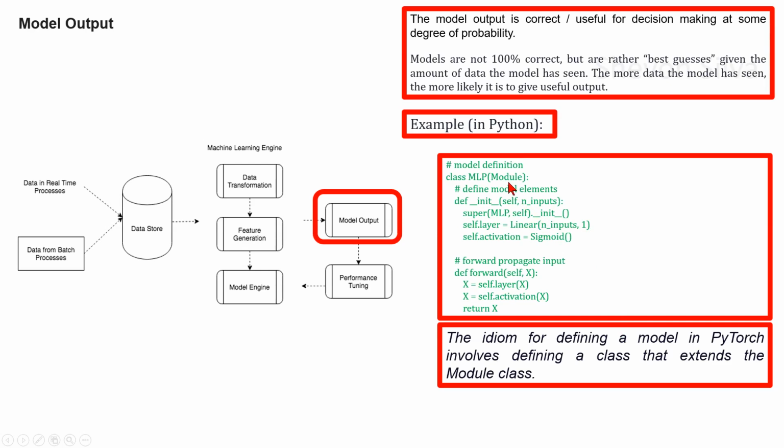The constructor of your class defines the layers of the model, and the forward function is the override that defines how to forward propagate input through the defined layers of the model.